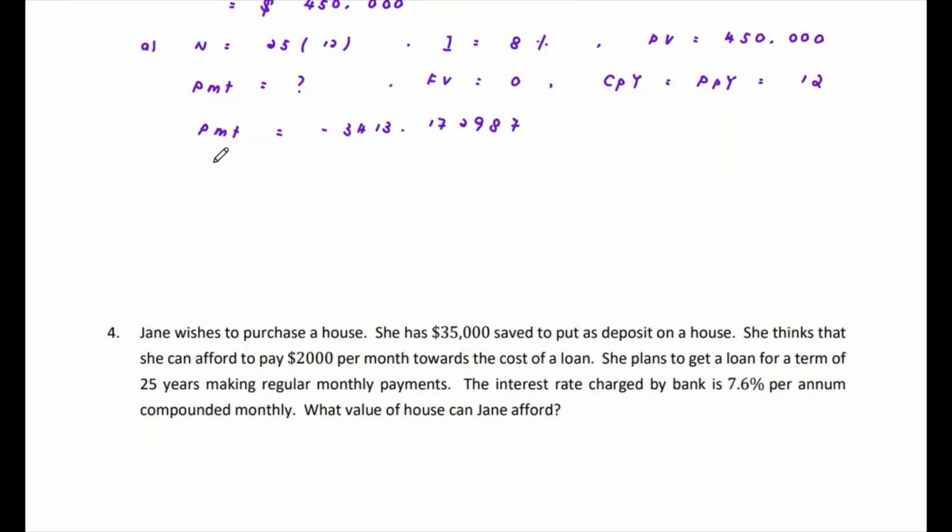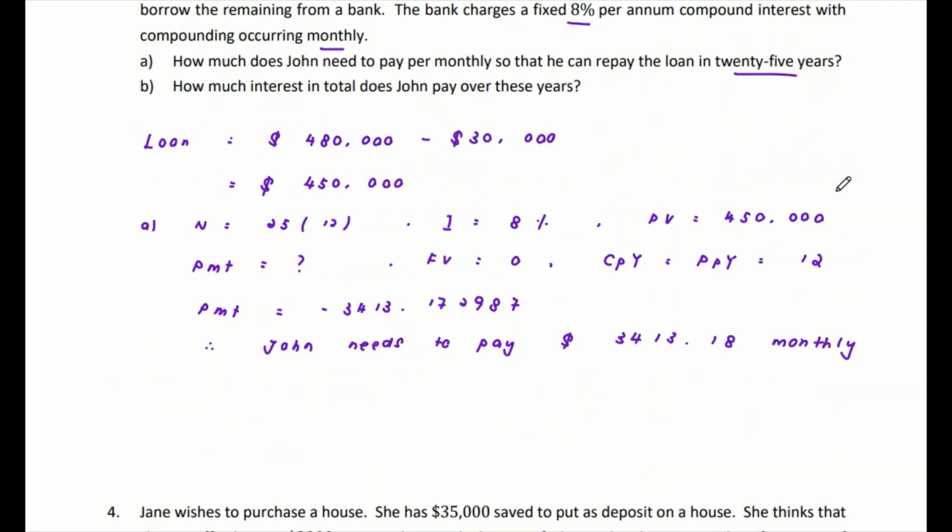So roughly, John needs to pay 3413.18 per month. So that's the idea. But in this case, there's no need to struggle with this part. Normally for the end part, like in the question just now, if you have 56.0 something, you need to round up to 57. But in this case, I don't think 17 or 18 makes much difference. So that's the idea.